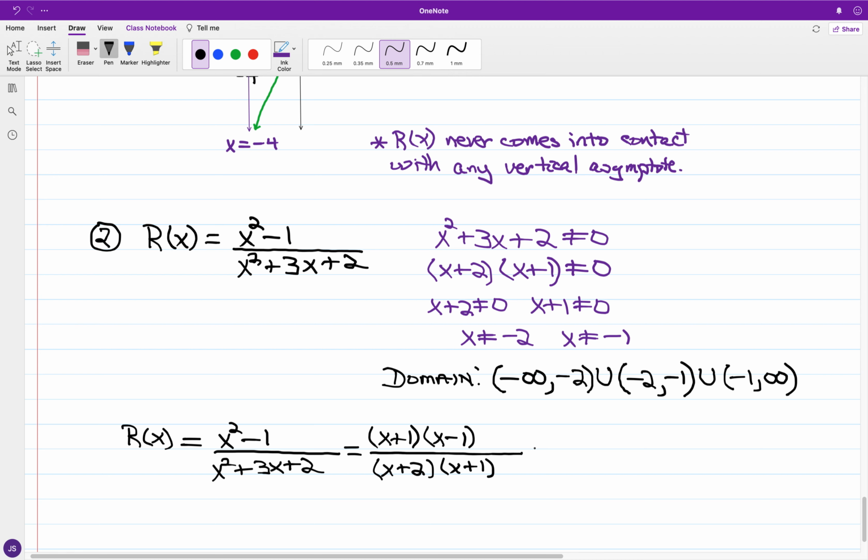Notice we have a common factor with x plus 1. I'm just going to draw this out once more.